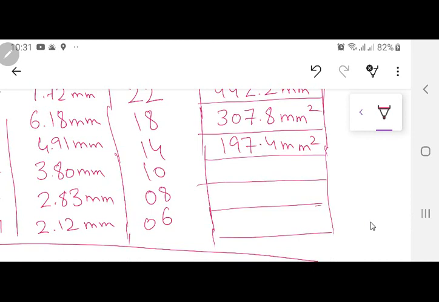Next. 111 बस पॉइंट आगे कितने. 8 and 6. 64.8 millimeter square. 27.72.